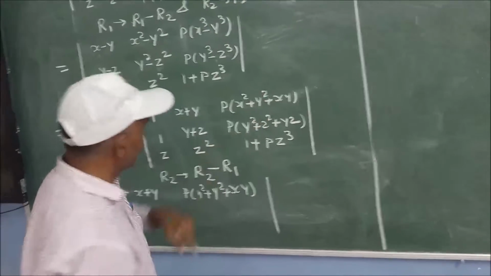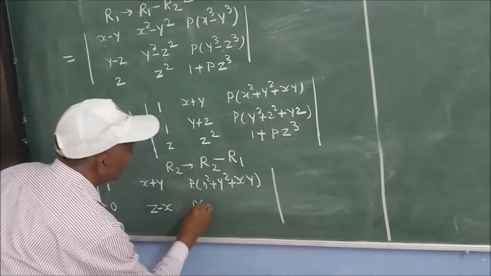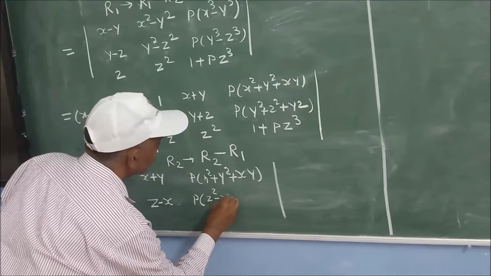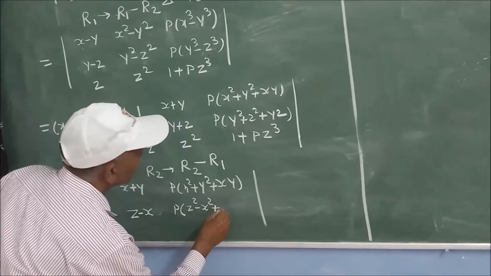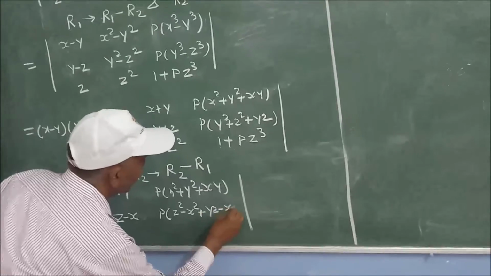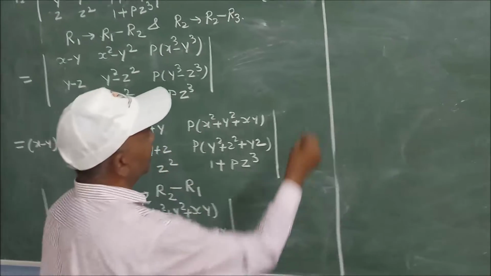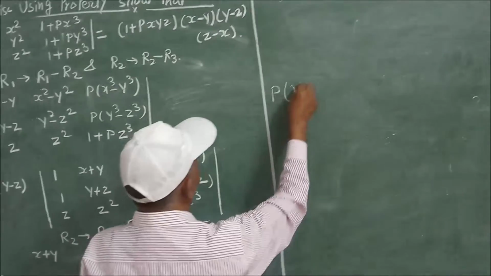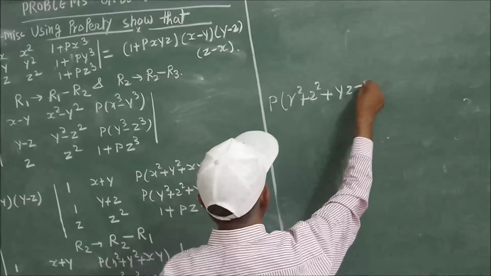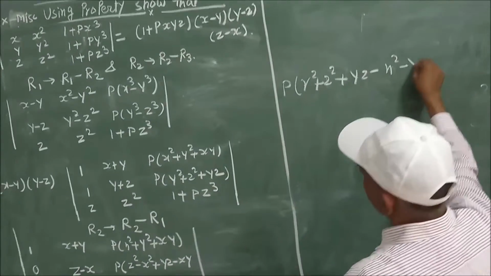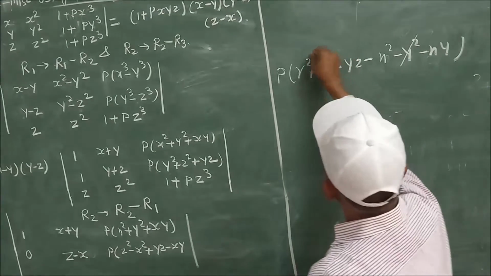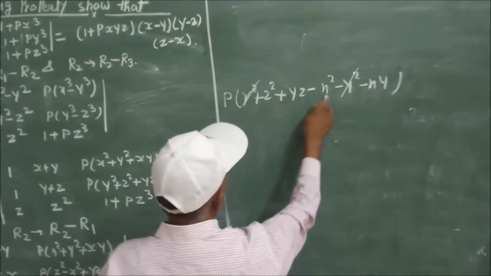So y square and y square, take p as common. So you will get, here will be z square minus x square plus xy plus yz minus xy. You can check here. This can be written as p into y square plus z square plus yz minus x square minus y square minus xy. So y square and y square will be cancelled, and here you will get z square minus x square.